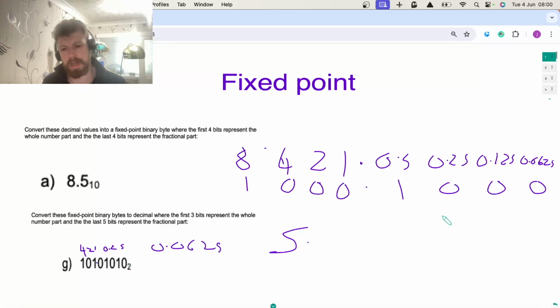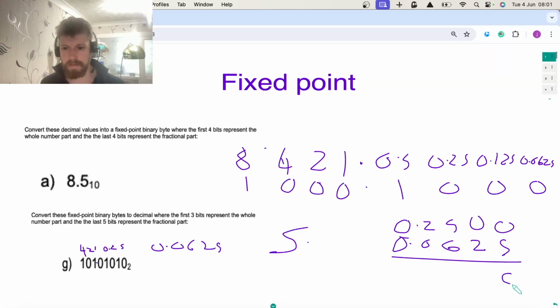So in AQA you have a calculator, so just add them up. For everybody else, what I'd recommend doing is, don't be afraid of doing column addition with these, because I see so many people make mistakes on these ones. So 0, 6, 2, 5, and then just put that in like this. 5, 2, 11, 1.